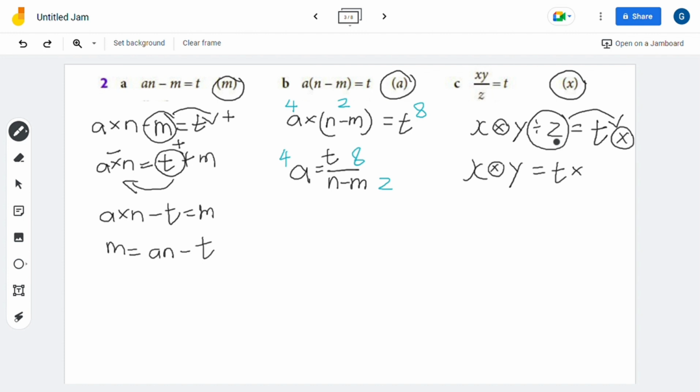So x times y will equal to t times z. And lastly, we shift y to the other side, which y will become a divide. So x will equal to tz over y.